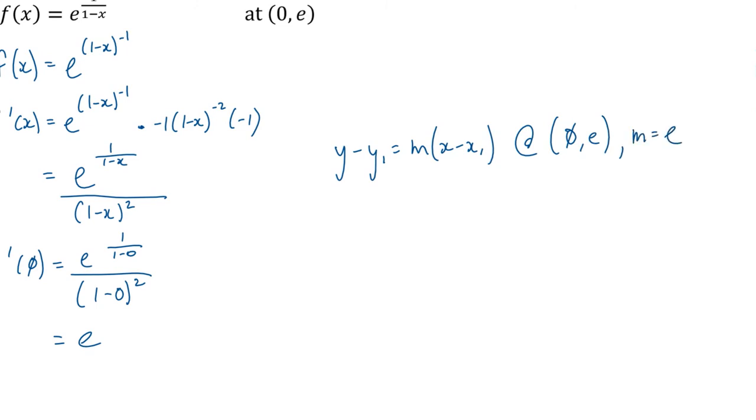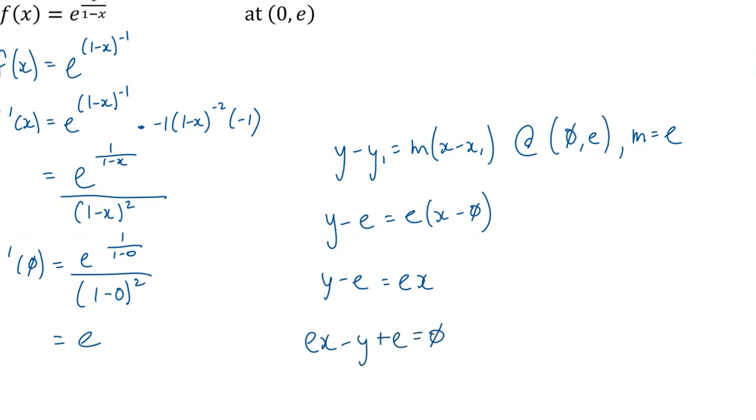So y minus e, that's our y1, equals e times x minus 0, which works out to y minus e equals ex. So ex minus y plus e equals 0.